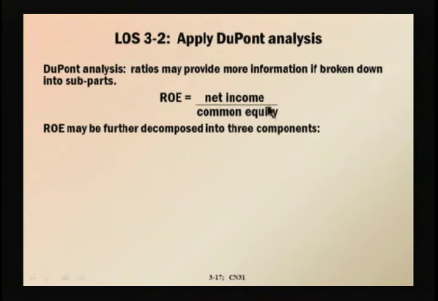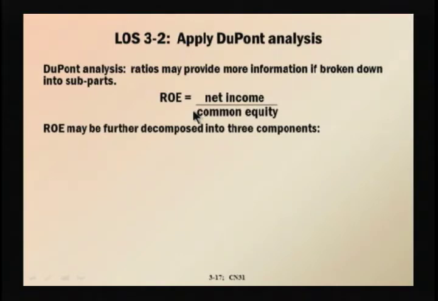But as far as the book value ratios go, ROE is a key ratio because we're looking at income expressed as a percentage of the investment that the stockholders have made. Our goal is to maximize stockholder wealth, so this tells us the book value return that the stockholders have received as far as net income as a percentage of their equity investment.